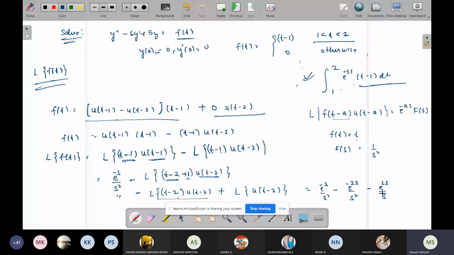So this is your RHS. Solve for LHS also, collect the coefficient of Ly, then take the inverse Laplace transform, and then you need to use the inverse Laplace transform in the second shifting theorem. So I have given you a hint how to proceed. Now you can complete this question.